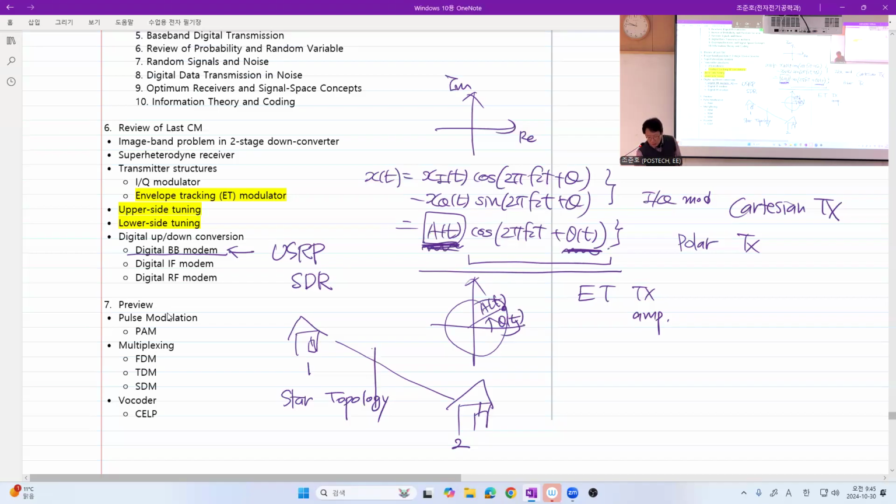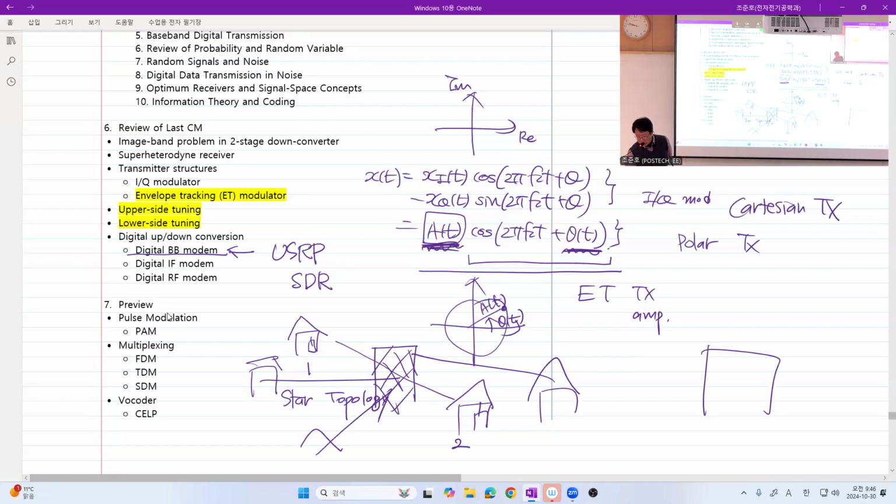So here goes a central station, and these subscribers are connected to the central station. By the way, such a network, and also there is another central station far away, covers many, many subscribers.